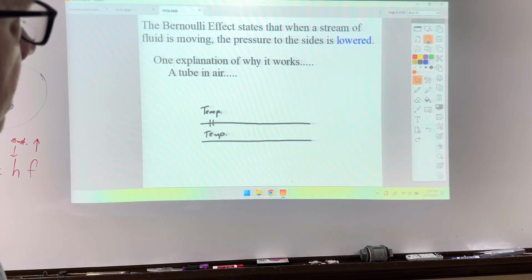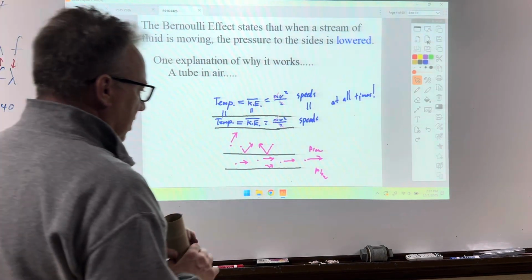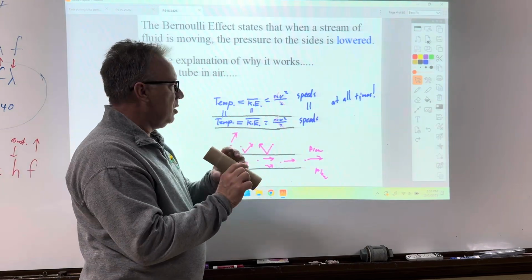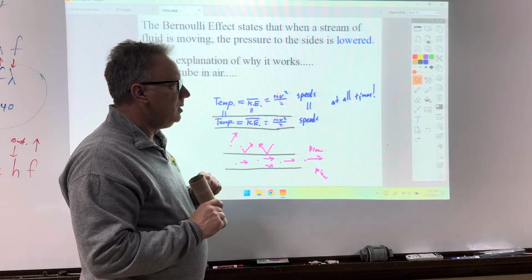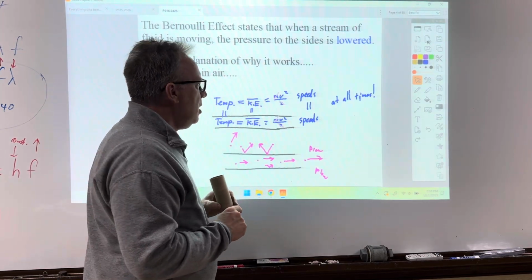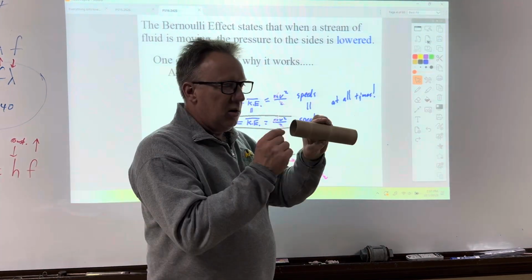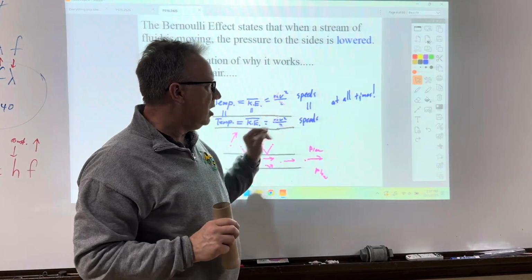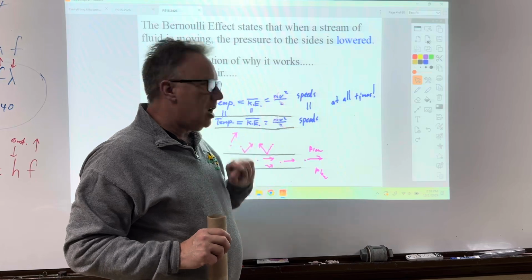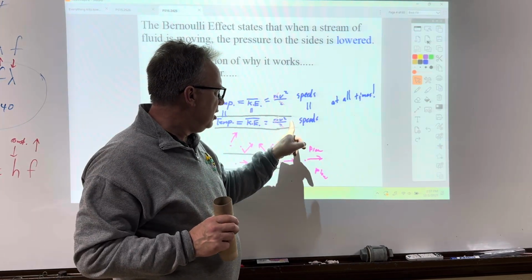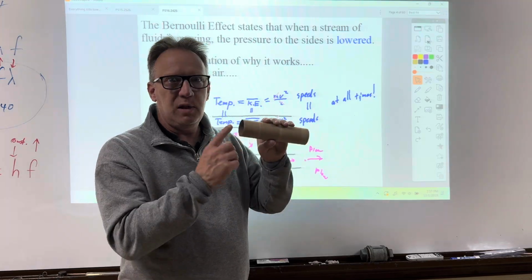That means that the kinetic energies of the particles in here has to equal the kinetic energy of the particles out here on average. And kinetic energy is 1/2 mv squared, 1/2 mv squared. And since a milliliter of the air out here and a milliliter of the air in here have the same mass, and they both are divided by a 2, on average, the speeds of these particles and these particles have to be the same.